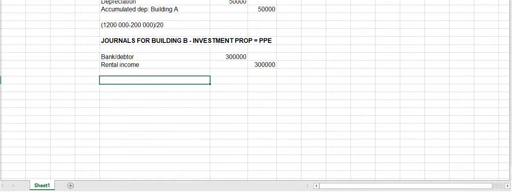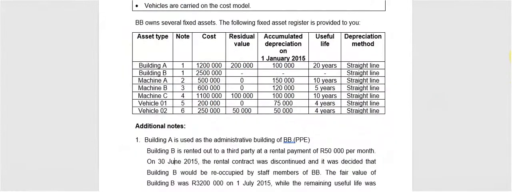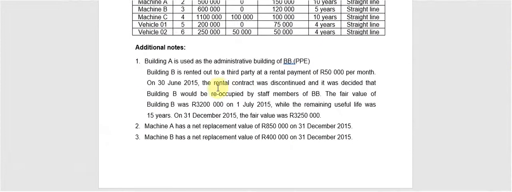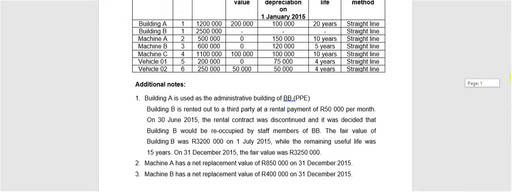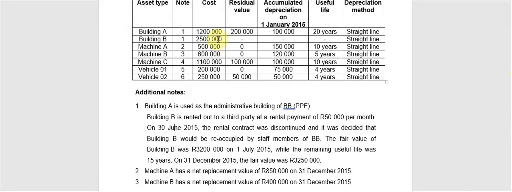If I look at the information given, they only give me the revaluated value as on 1 July 2015, and they say 3.2 million Rand. They have not given me a revaluation for any other time, so therefore I will have to work from the cost price. So the difference between the cost and the current revaluation on 1 July.